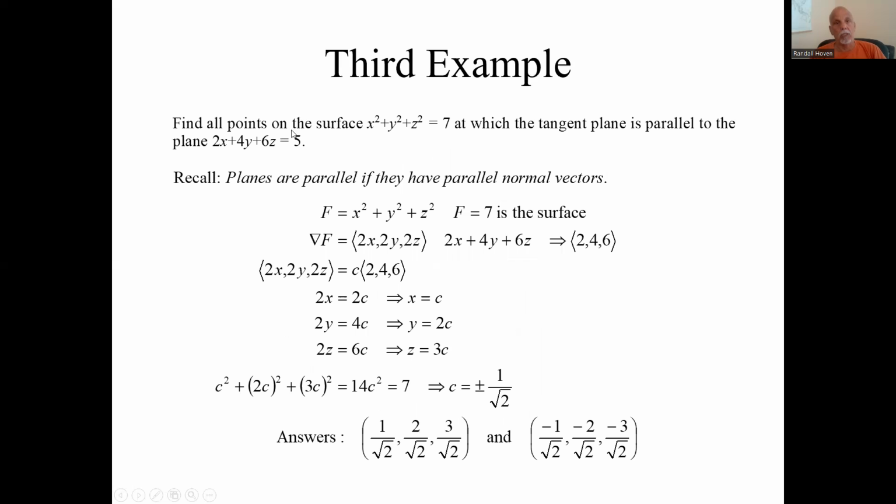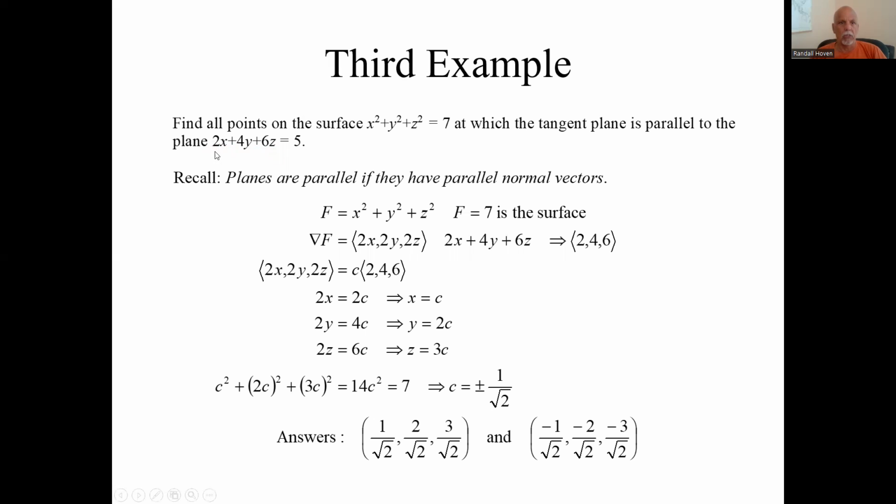Third example: find all points on the surface at which the tangent plane is parallel to another plane. Go through the thinking on this. Two planes are parallel if their normal vectors are parallel. Remember that little fact. You can find the normal vector from the equation of a plane, and it's just 2, 4, 6.